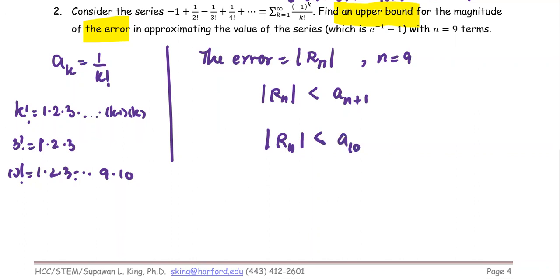And since ak is 1 over k factorial, a10 is 1 over 10 factorial. That means the remainder term Rn will be less than 1 over 10 factorial, or about 2.755 times 10 to the power negative 7, which is called an upper bound.